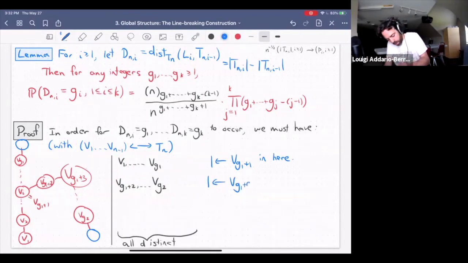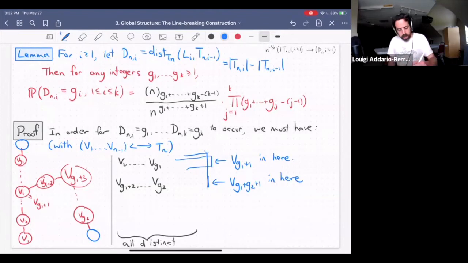So vg1 plus g2 plus 1 should be somewhere in the set of previously seen vertices. So vg1 plus g2 plus 1 should be in here. Okay, and so on and so forth.